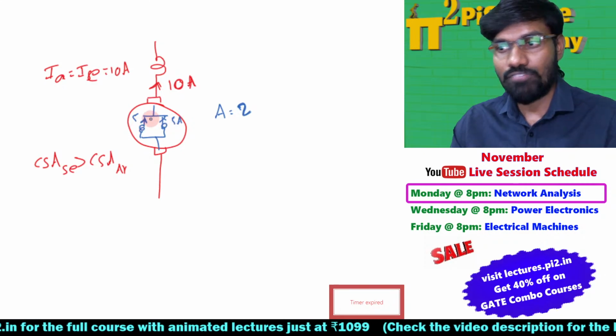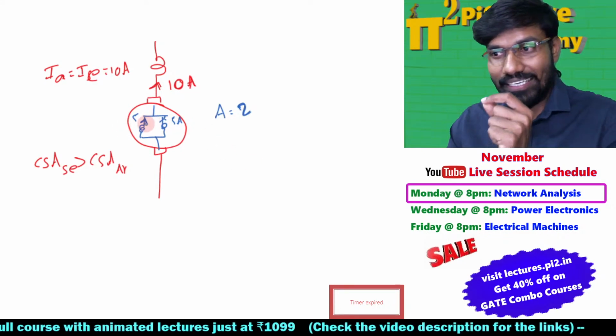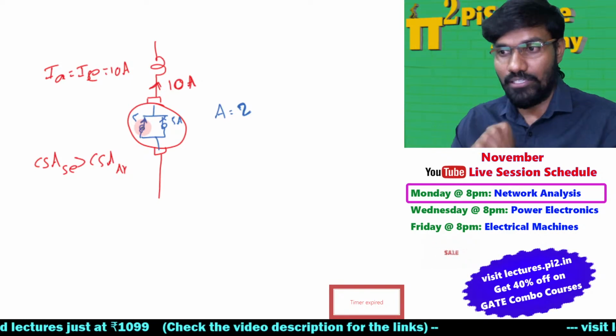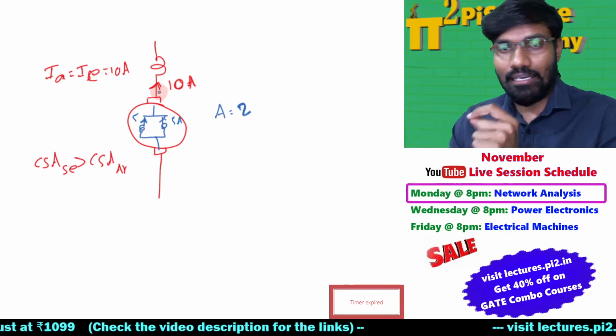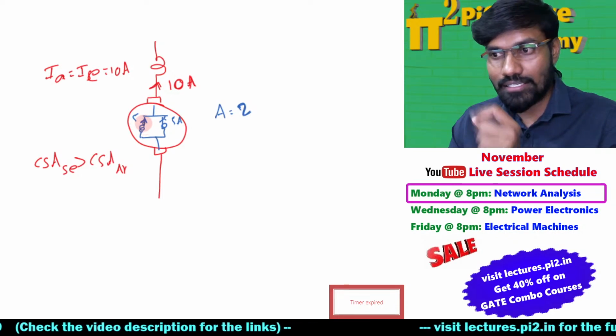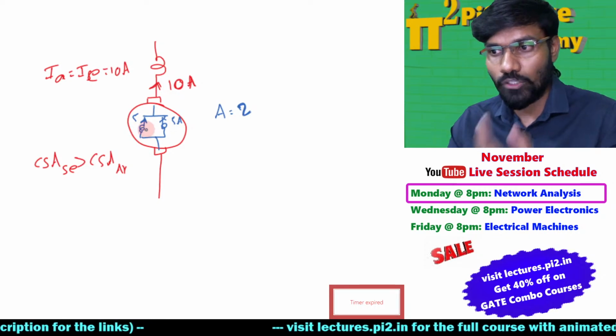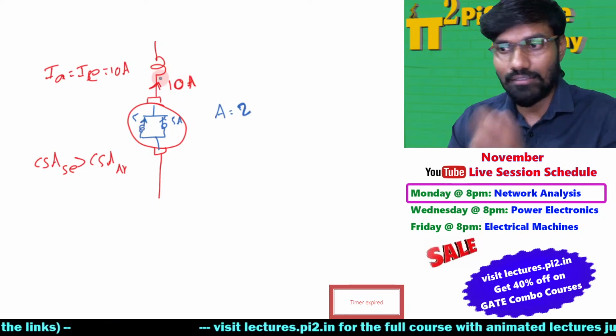Combined it gives 10 ampere, but each individual conductor carries only 5 ampere. So obviously the thickness required to carry 5 ampere is much less than the series winding thickness.